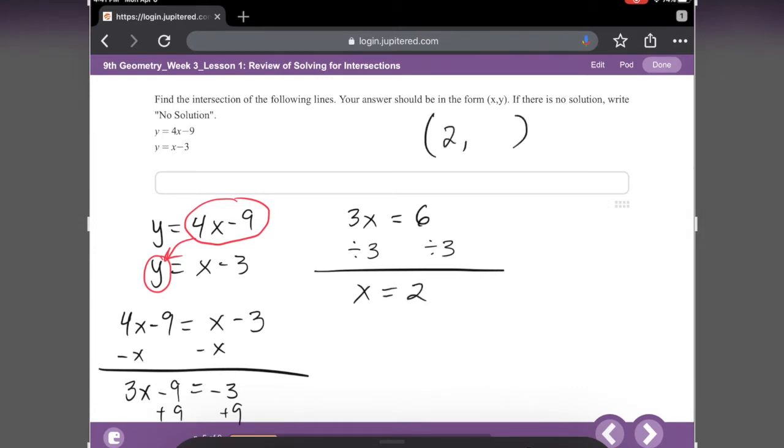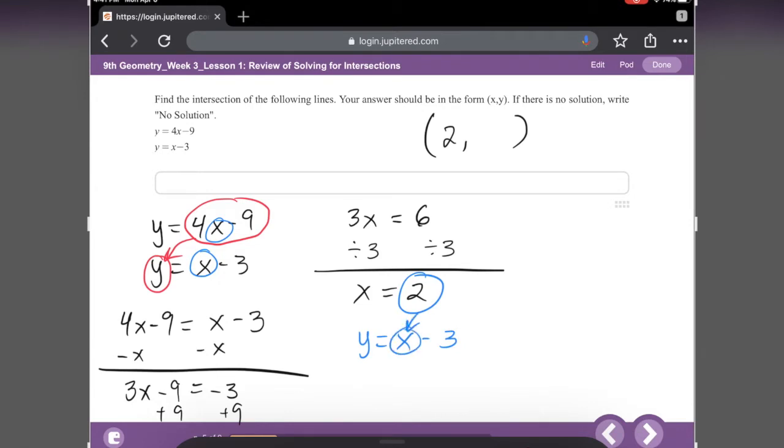Here's our solution so far. It's 2 comma something. Now we can finish the problem by plugging in the value that we got, x equals 2, in for any of the x's that we see in the other equation. So let's plug it in for y equals x minus 3.